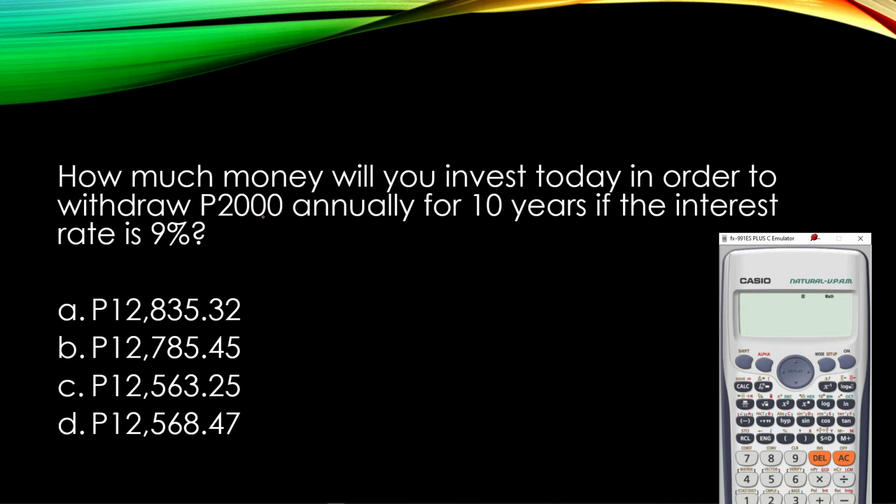Gusto niyang mag-withdraw annually for 10 years, so ibig sabihin nun, this is just an ordinary annuity. Hindi niya naman sinabi na after 5 years, or hindi niya sinabi na at the beginning of the year. Kumbaga, at the end of every year siya mag-withdraw ng pera.